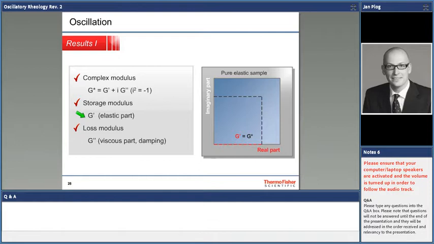And we separate it into one part that oscillates directly 90 degrees phase shifted, and we call that part the loss modulus or viscous modulus. Thus we have information on how viscous and how elastic your system reacts. I told you before, we look into more detail in a second. Now we have the luxury that we can do that as a function of characteristic speed.